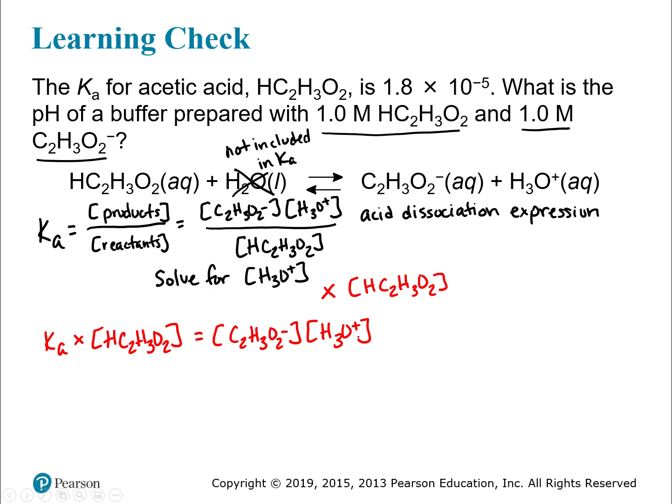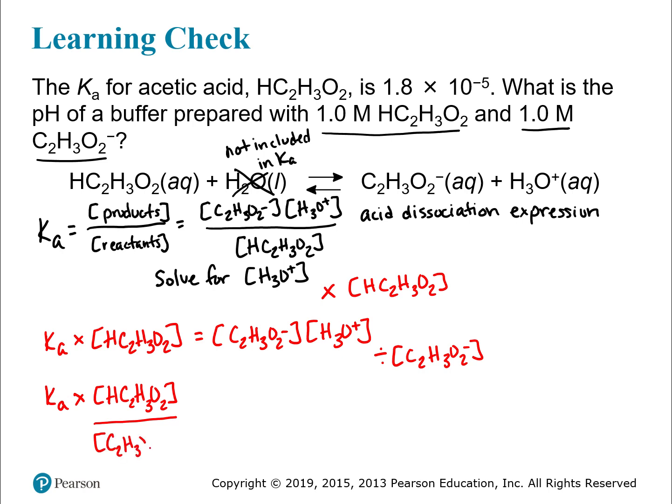Now we have to get rid of that acetate ion. So we're going to divide by that concentration. That's how you rearrange the equation.